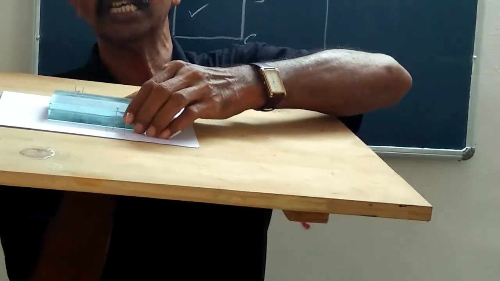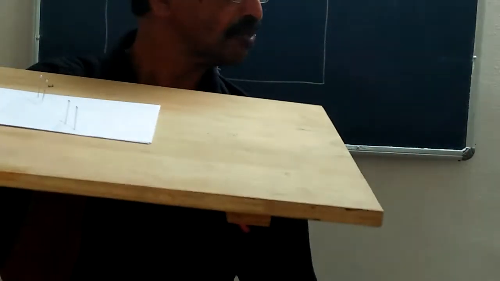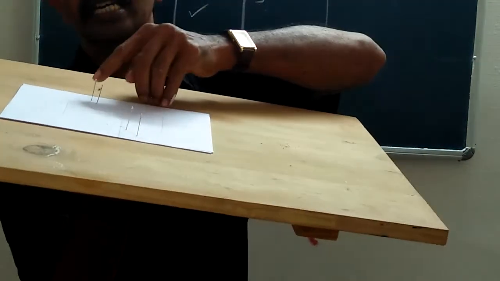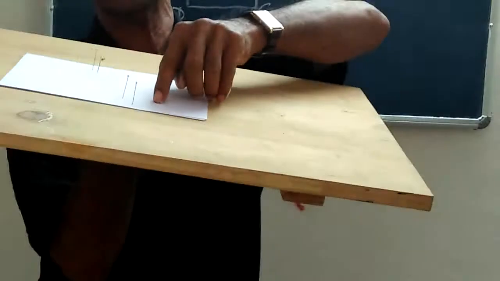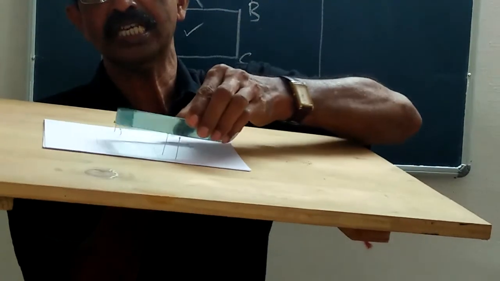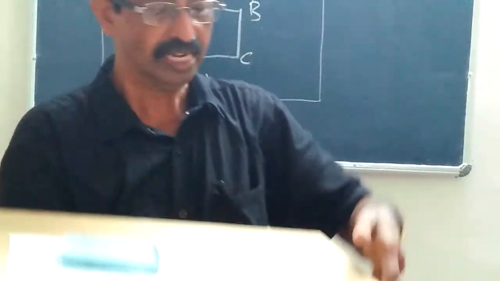But when we take out this one, you see these four pins here. You can see these two pins, and that line is this one. Here these two pins, that is another line. But when we place this glass slab, you can see these four pins will be in the same line.